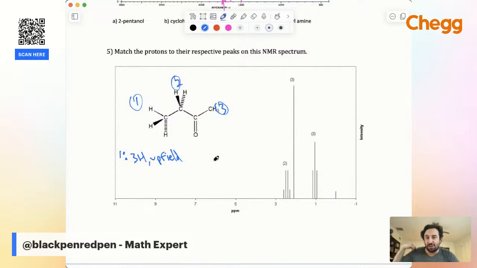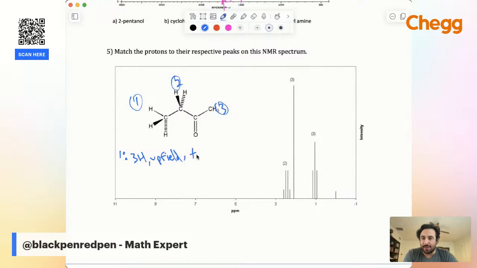So the more deshielded it is, the farther left it shows up on the spectrum. Downfield is to the left, upfield is to the right. So near more electronegative stuff, more downfield. Farther away from electronegative stuff, upfield. These are the furthest away from the oxygen, so those will be the most upfield.